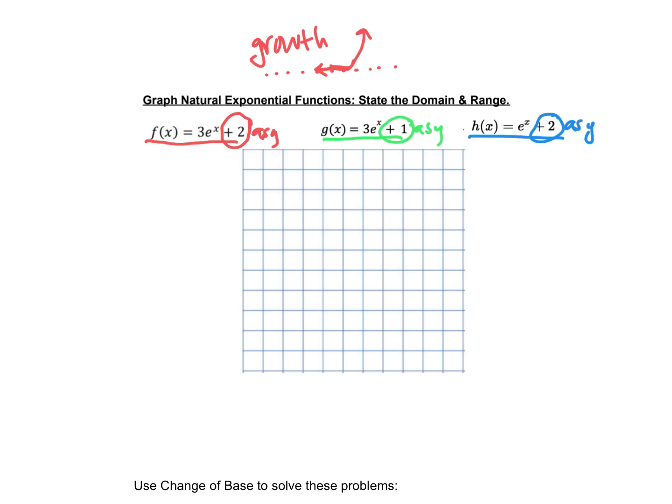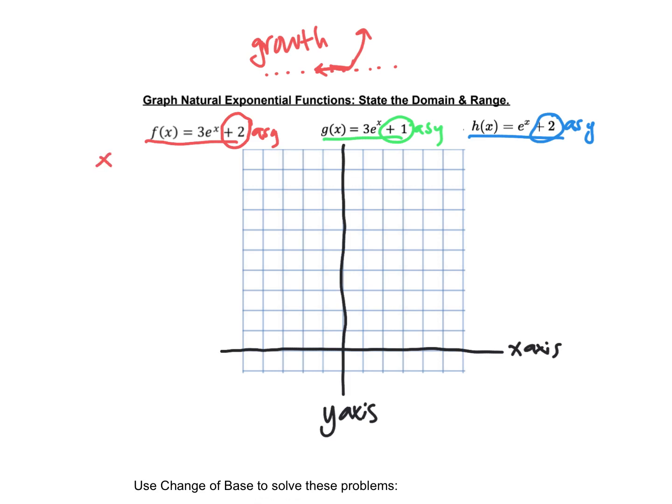What I'm gonna do is I'm gonna make a grid here. Here's my 0 line, my x-axis. I'm gonna make my y-axis right here. Y-axis. And we're gonna start graphing them. I'll start with the red, the f of x, okay?